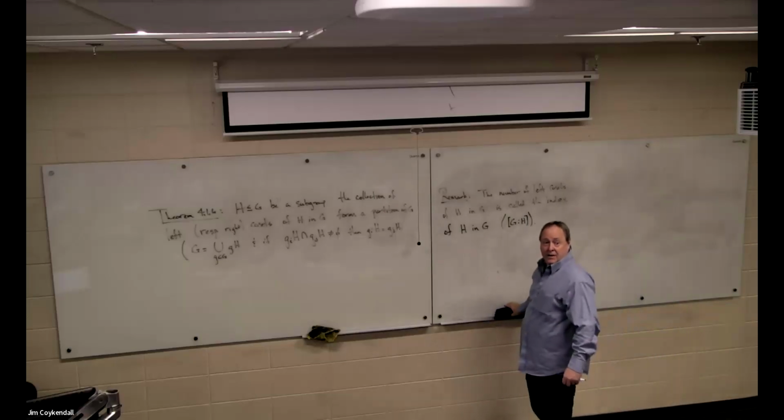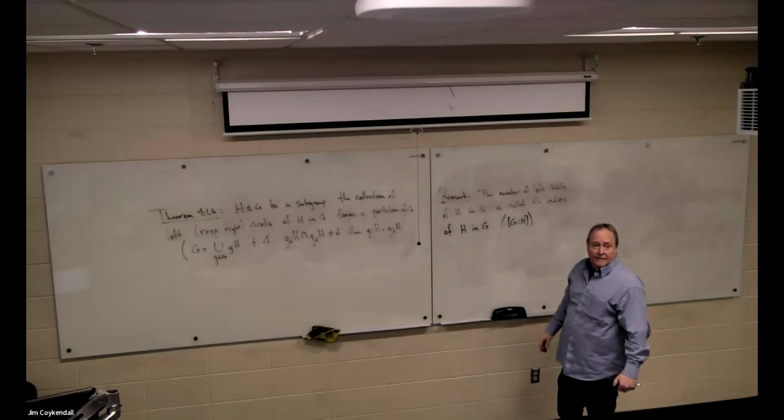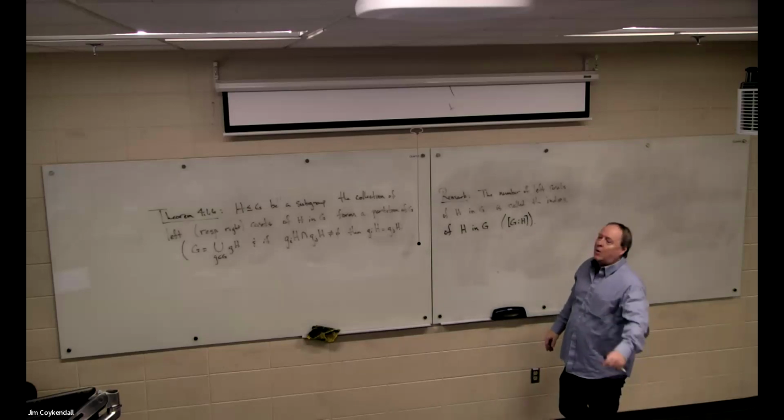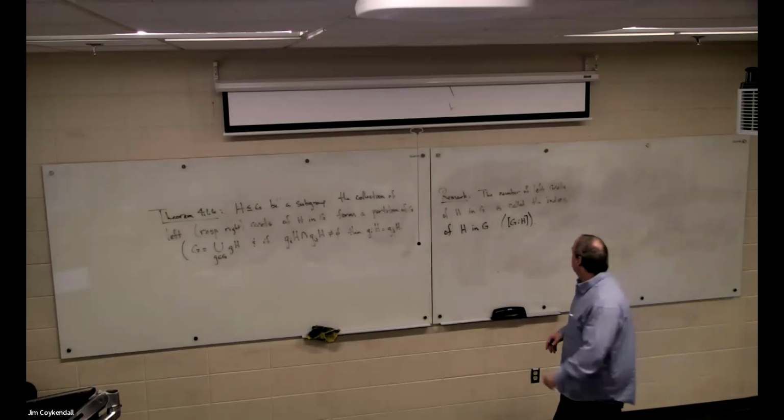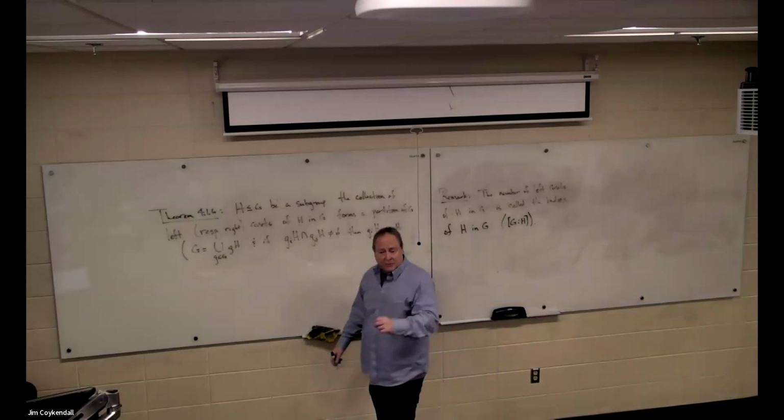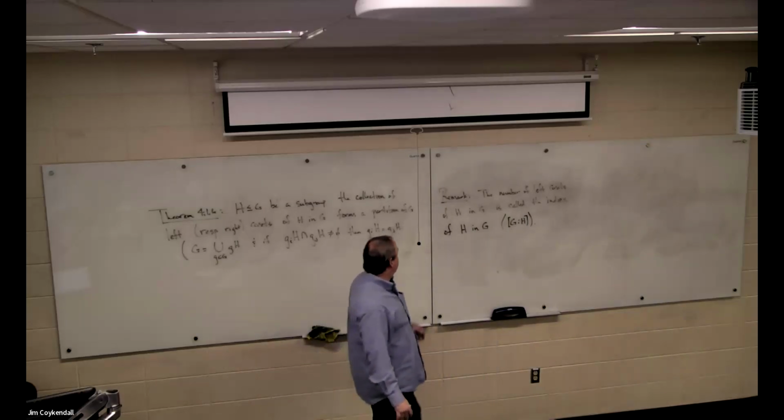However, is the index when looking at left cosets and right cosets always the same? It's a great question. And the answer is yes. And we'll prove a theorem pretty soon that shows that. Yes, the number of left cosets, number of right cosets, that index will always be the same.